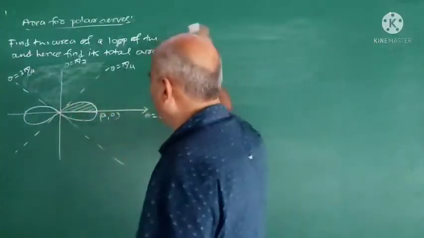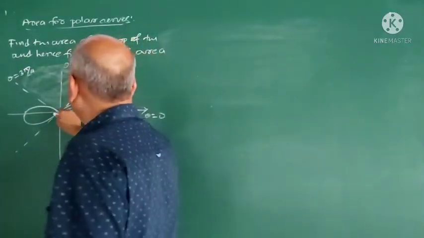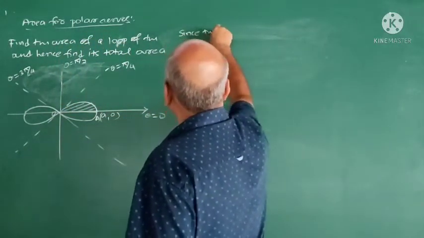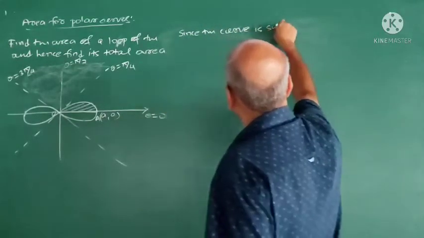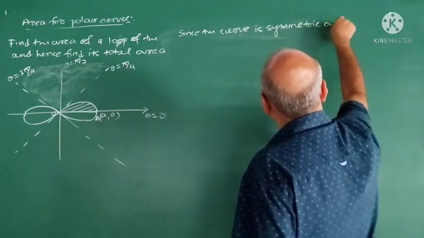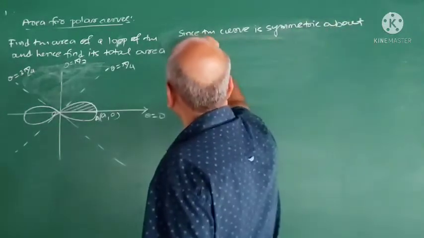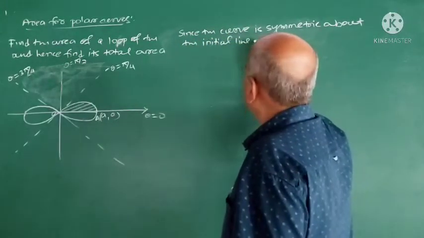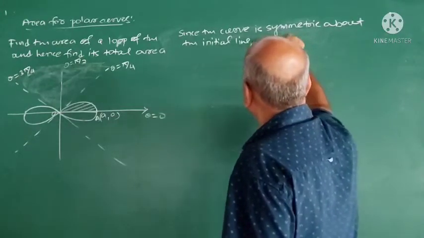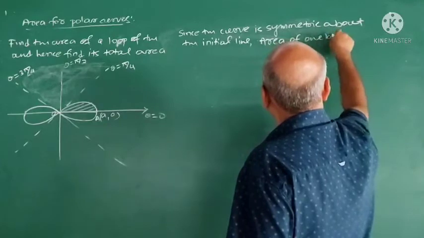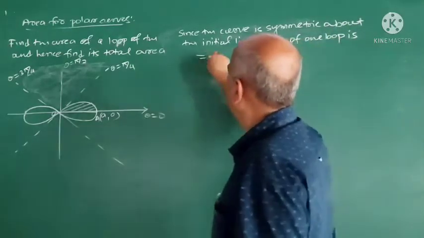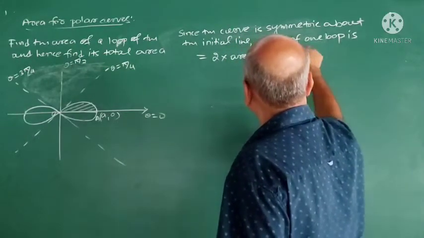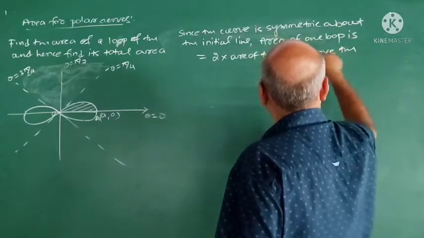First I consider the area of one loop, it is capital A. Since the curve is symmetric about the initial line, the area of one loop is equal to 2 into the area of the loop above the initial line.